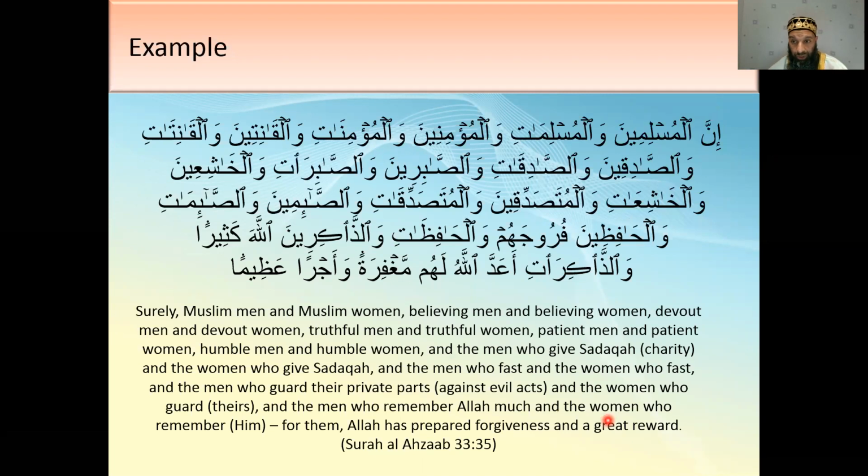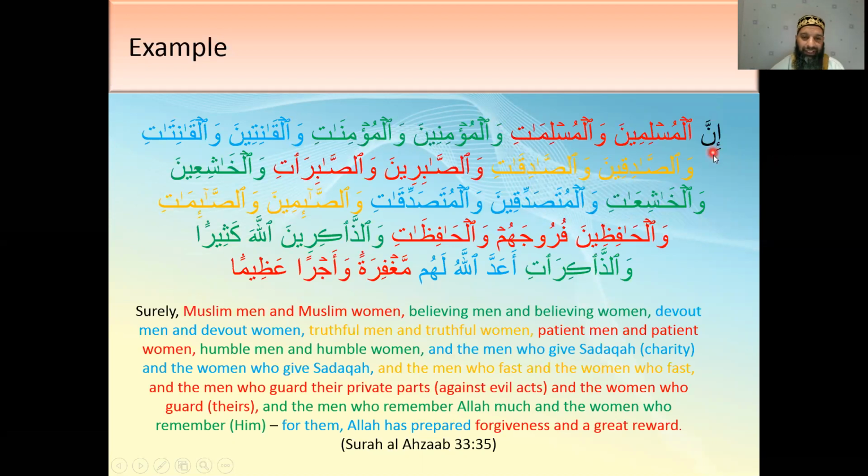I just want you to look at this verse. I think we're near the end, inshallah. Look at this: Inna means indeed. Innal muslimina, indeed the Muslim men, wal muslimati, and the Muslim women.